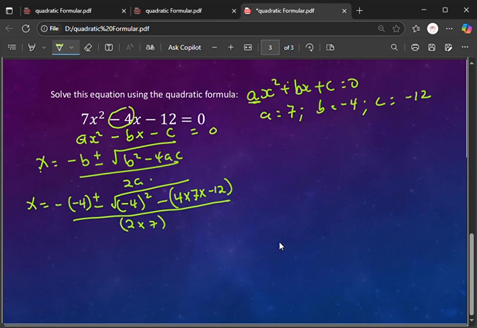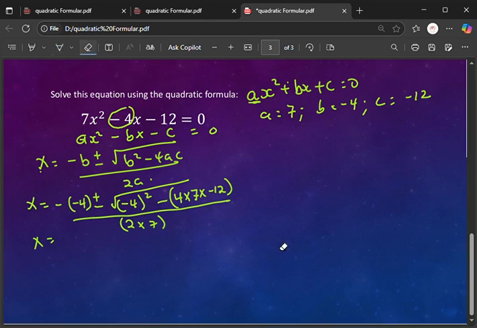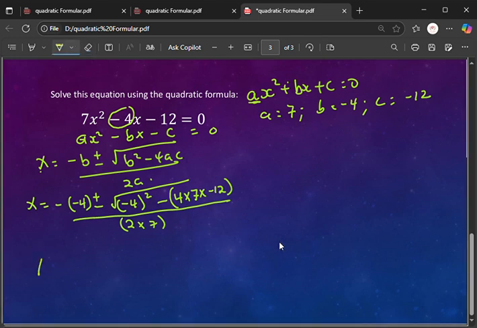Now we always think about using brackets, okay? So negative and negative, I think this will be okay. Negative and negative, yes, it will be positive, so 4 becomes a positive. Then any negative number squared, we get a positive, so this gives us 16.